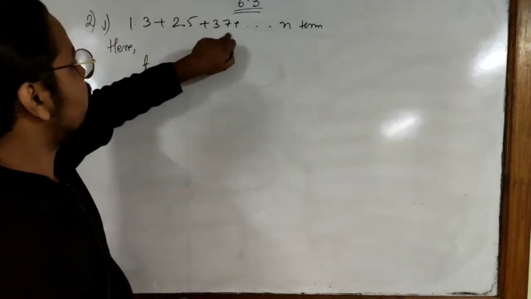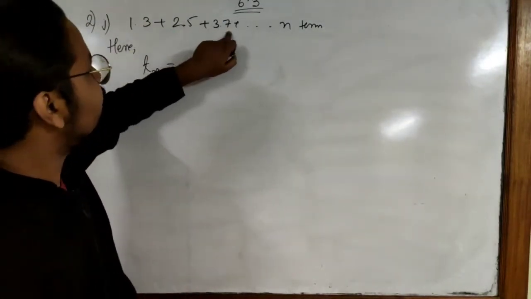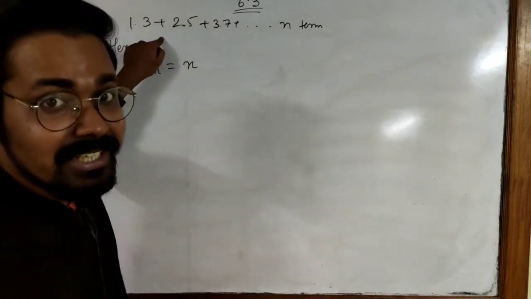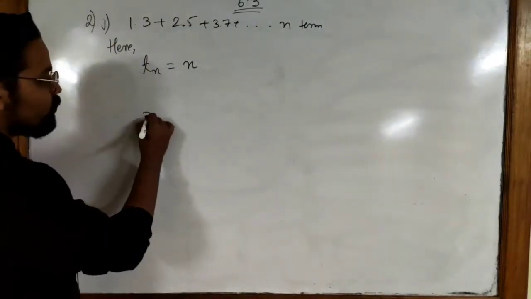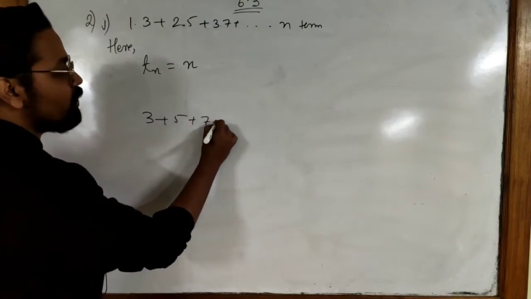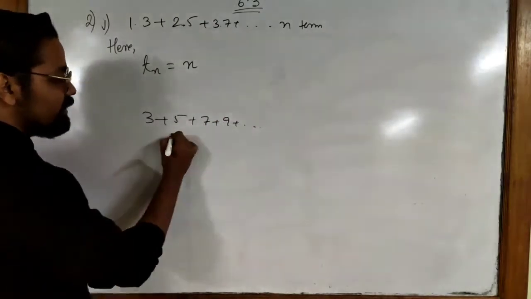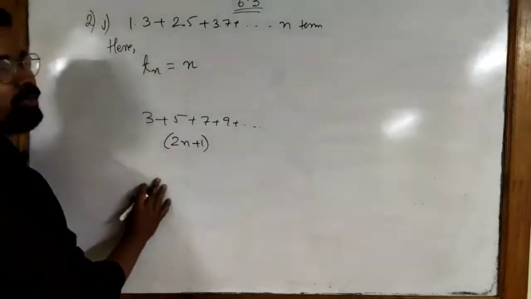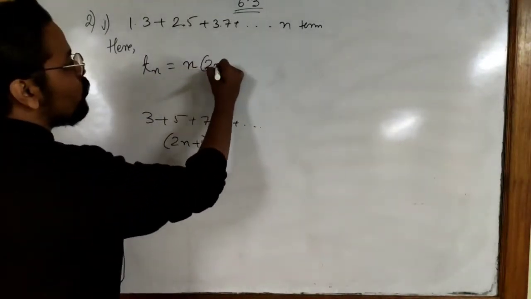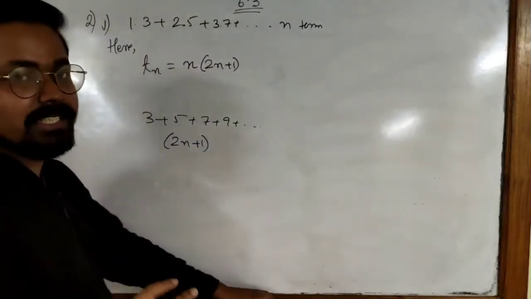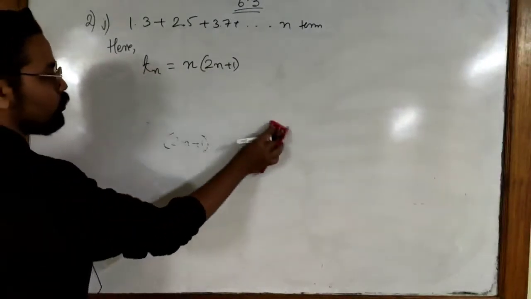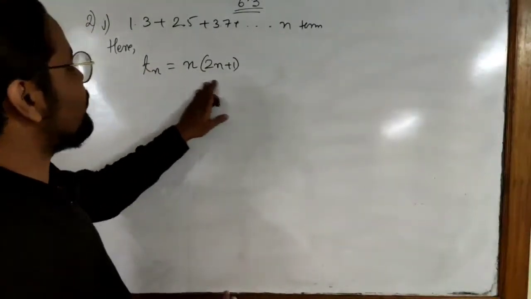Here the second factor is 3, 5, 7, odd numbers, but starting with 3. Any sequence that starts with 3 and keeps on getting consecutive odd numbers, the general term is twice n plus 1. So, n into twice n plus 1. If you remember how to find the general formula, you will get this. This is the nth term.